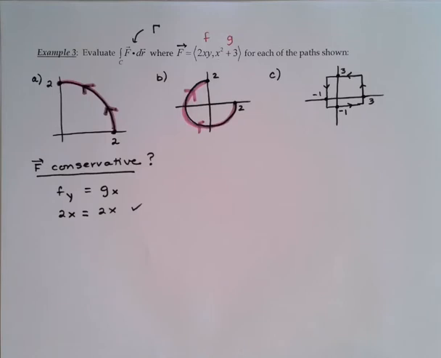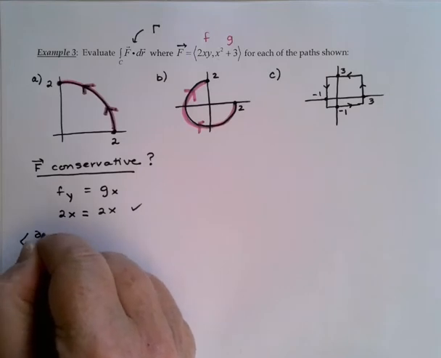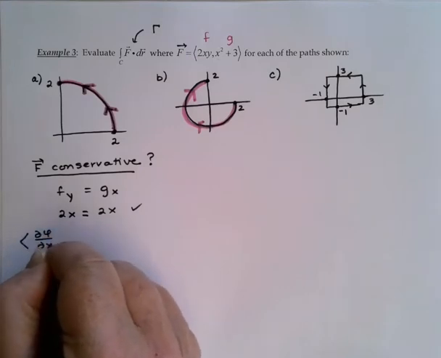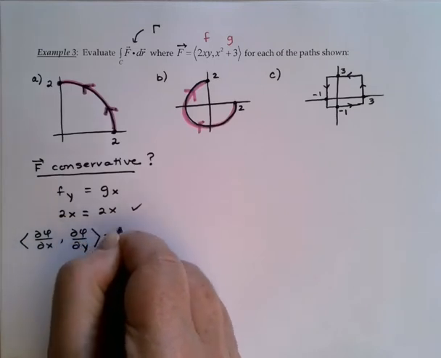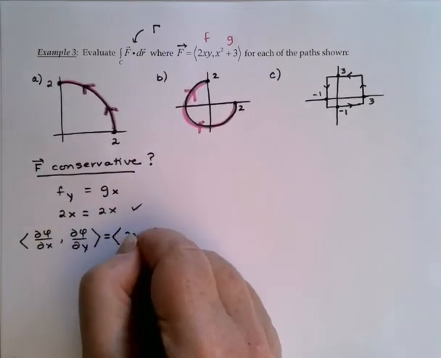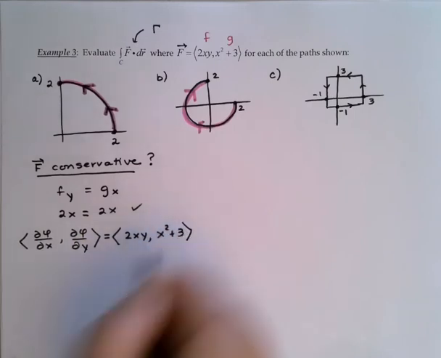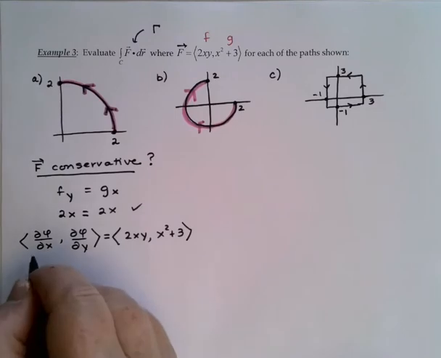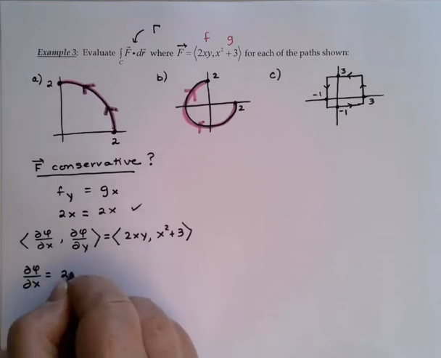In order to use the FTC, we'll need to find the potential function. So the gradient of phi, partial phi partial x and partial phi partial y, must equal the F. Looking at the first component, partial of phi with respect to x is equal to 2xy.